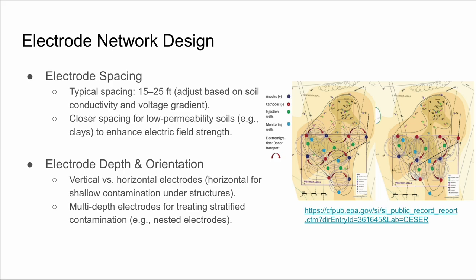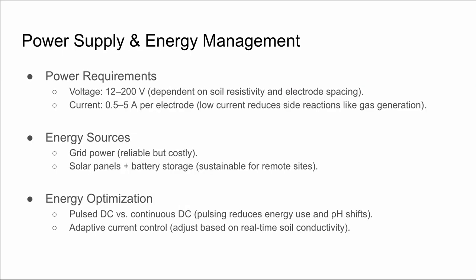For contamination under buildings, horizontal electrodes are ideal, while vertical electrodes work best for deeper plumes, which we face in more general cases.